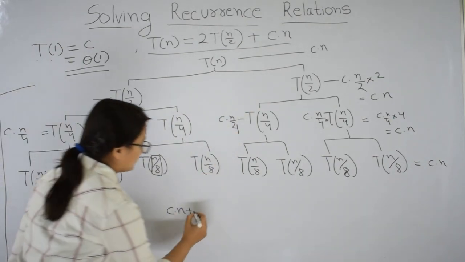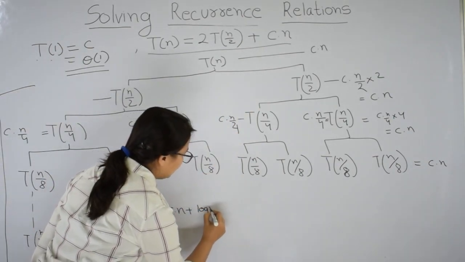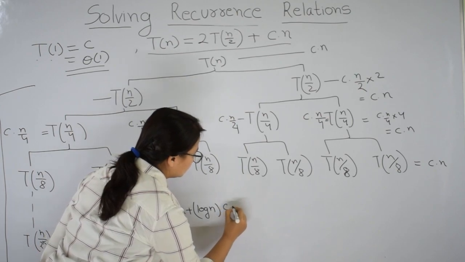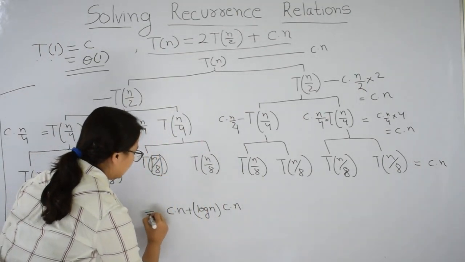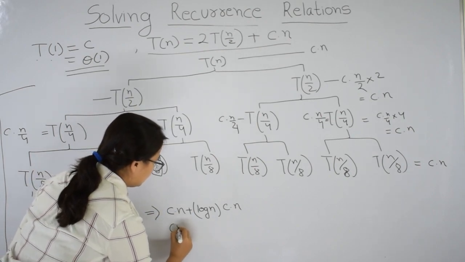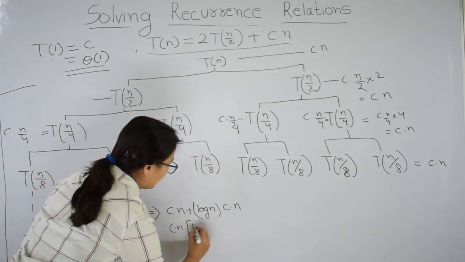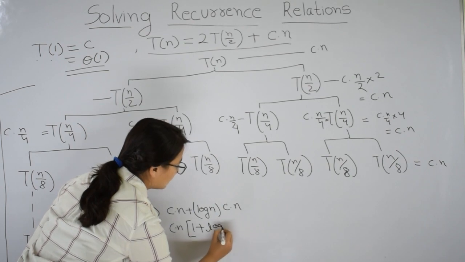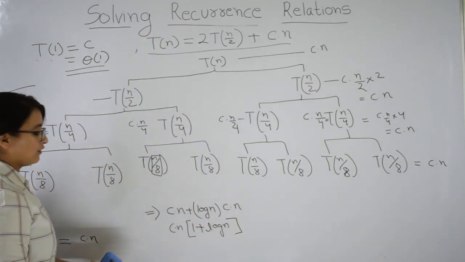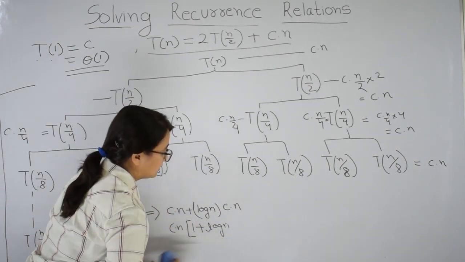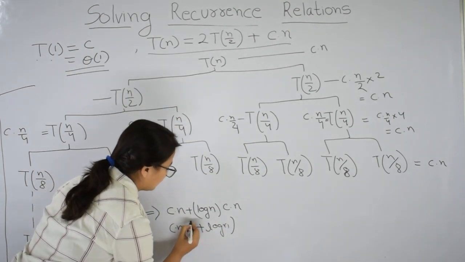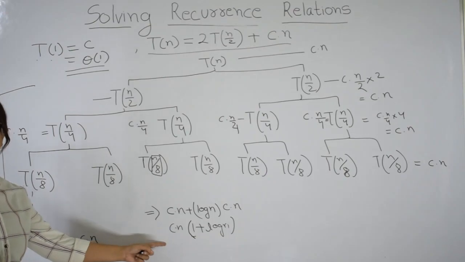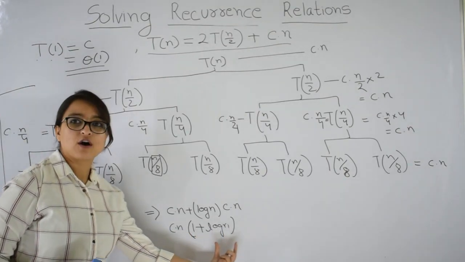So c into n plus log of n into c into n, right? We can write this as c into n into 1 plus log of n. Okay, you can put parentheses over here.